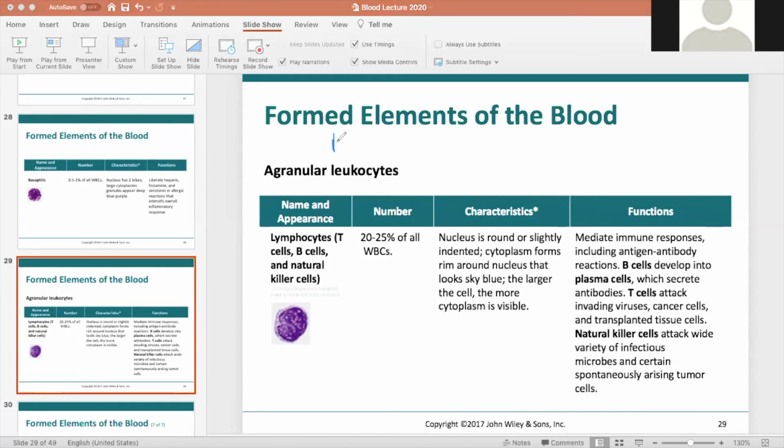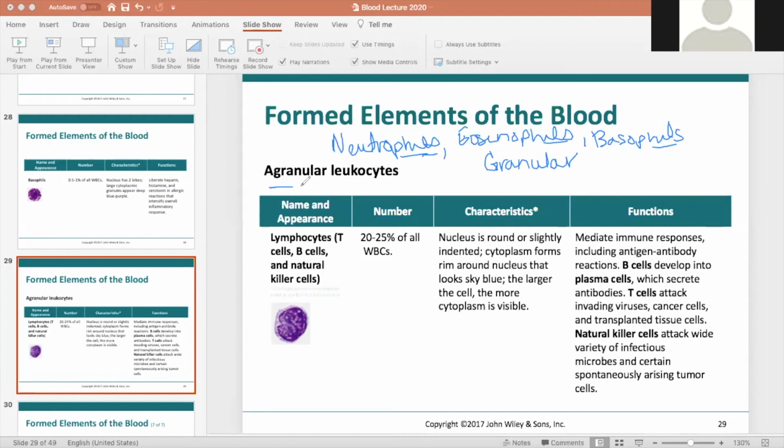We said we had neutrophils, we have eosinophils, and we had basophils. Each one of these ends in phil, and we say that they are granular. If they end in phil, it means that they have granules. So neutrophils, eosinophils, and basophils are all granular.